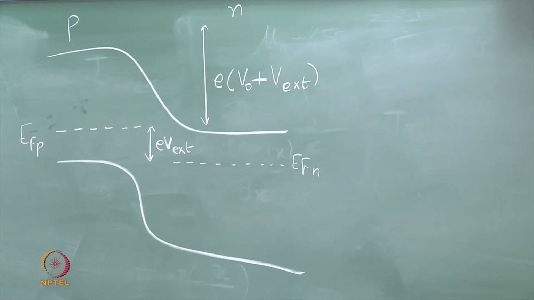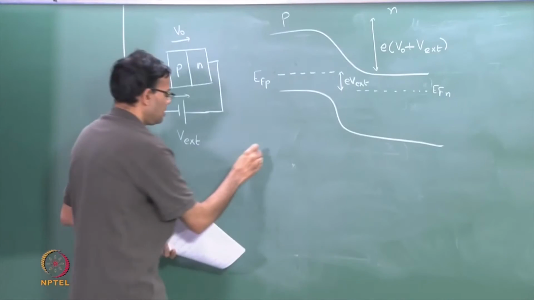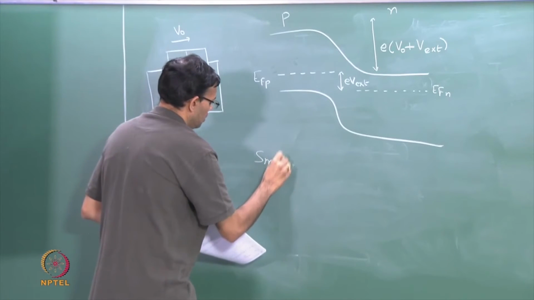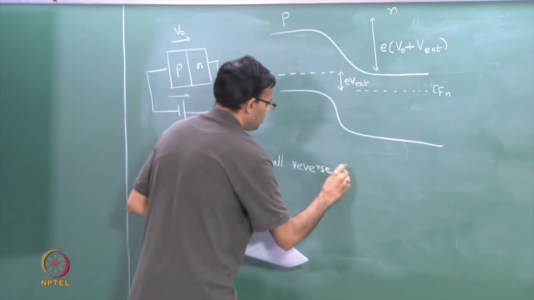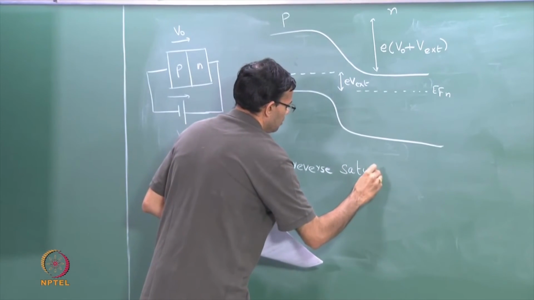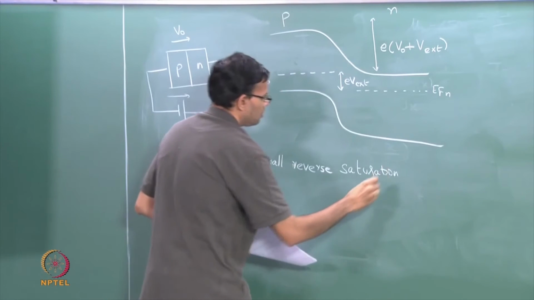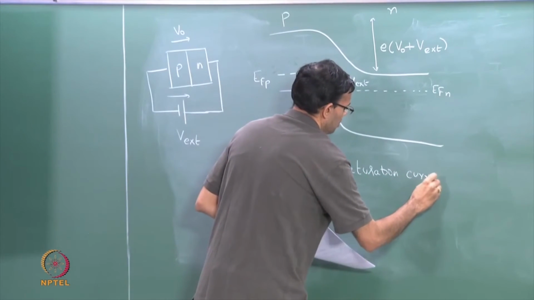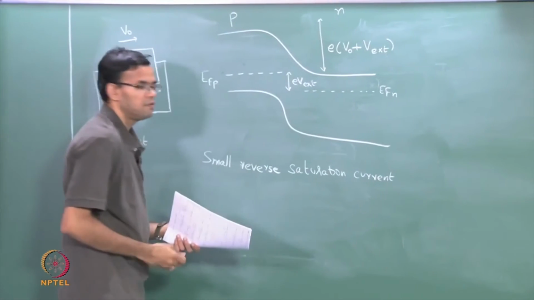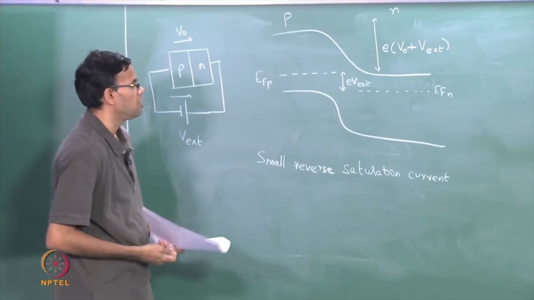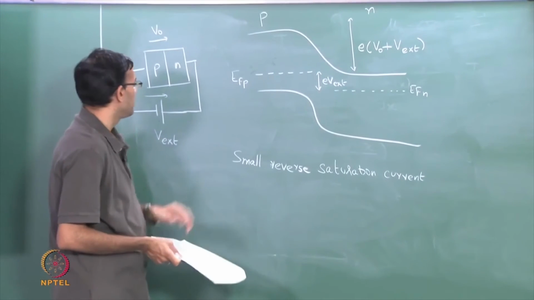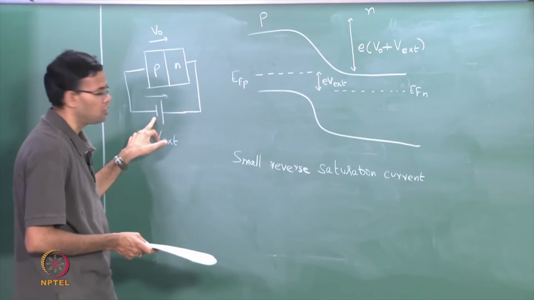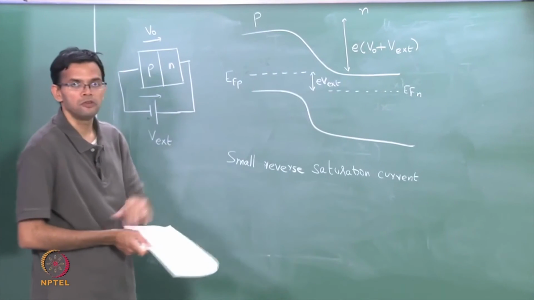So in the case of a reverse bias, there is a small reverse saturation current, and the reverse saturation current happens because we have minority carriers that are holes on the N side get attracted to the negative charge on the P side and then diffuse.